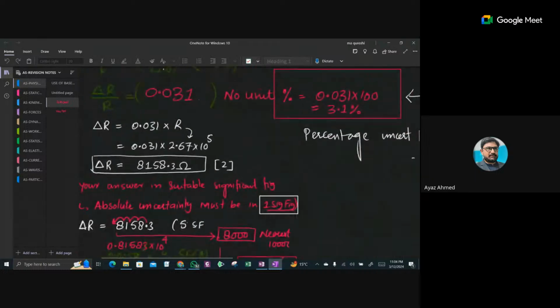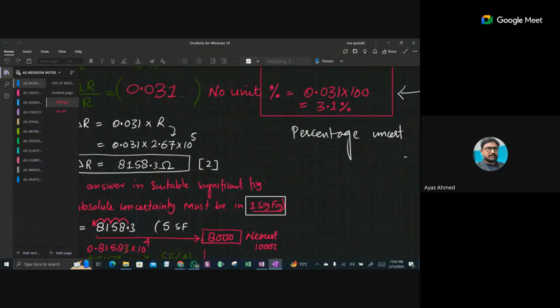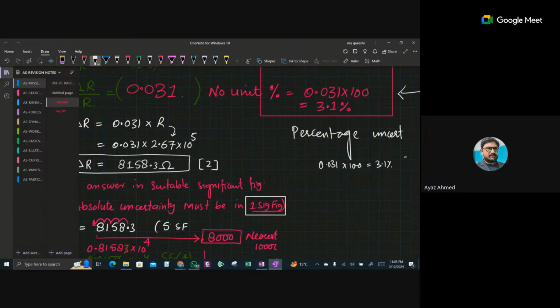Multiplied by 100, you will get delta v by v equals 0.031 times 100, which is equal to 3.1%. So I have explained that in this system.